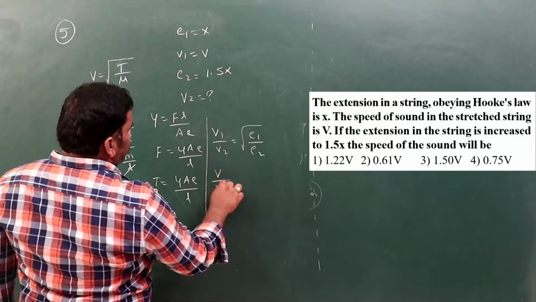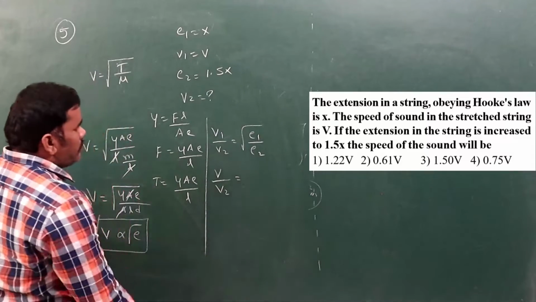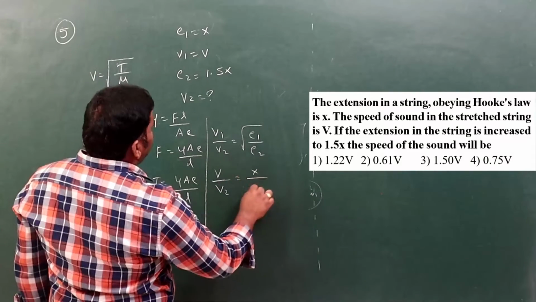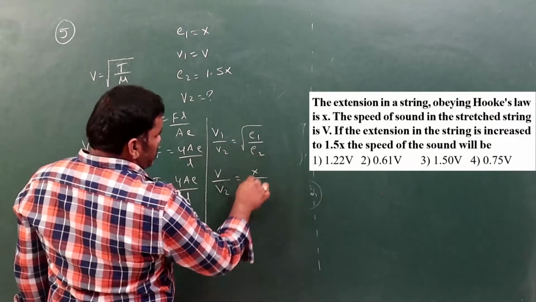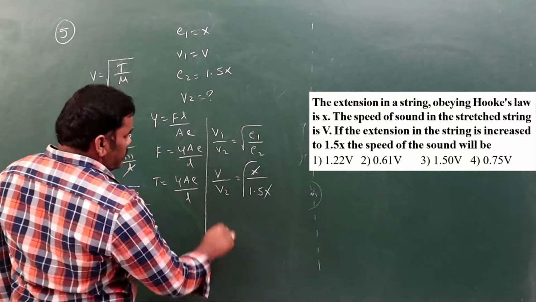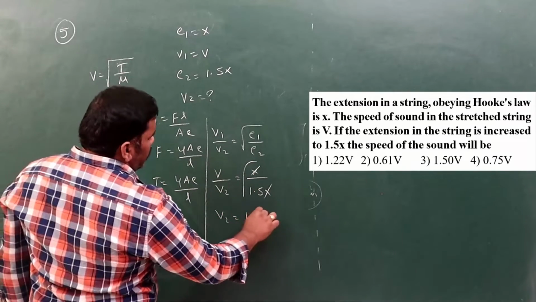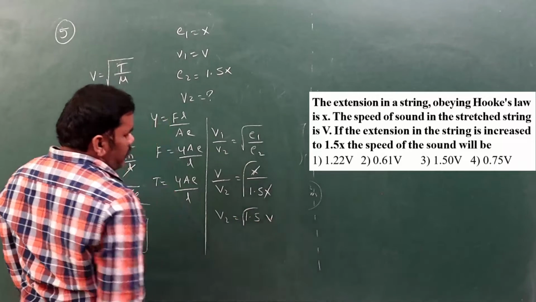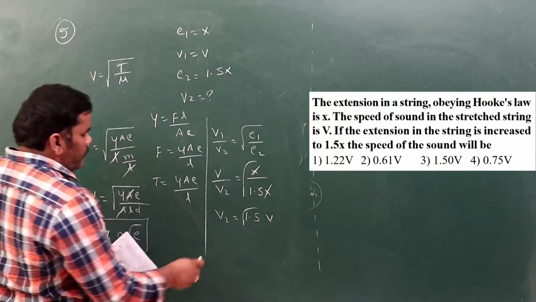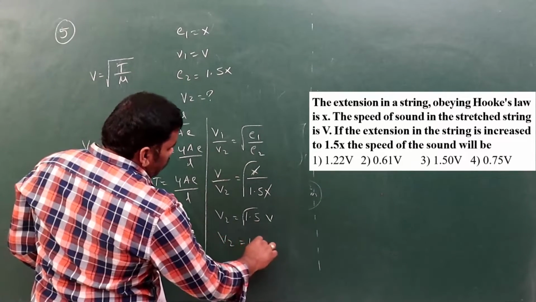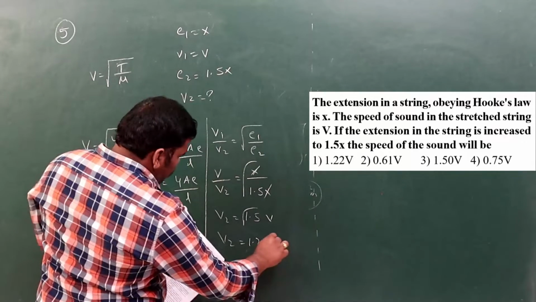V2 we don't know, find it out. E1 is x, E2 is 1.5x, whole root. x and x get cancelled. So V2 is equal to under root of 1.5 into V, which is nothing but 1.22 V.